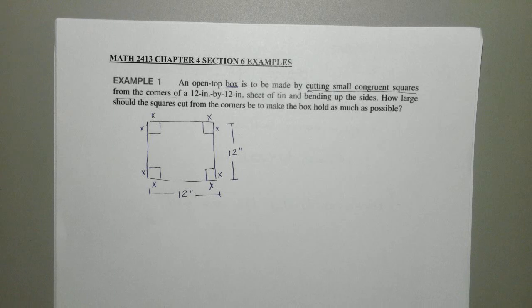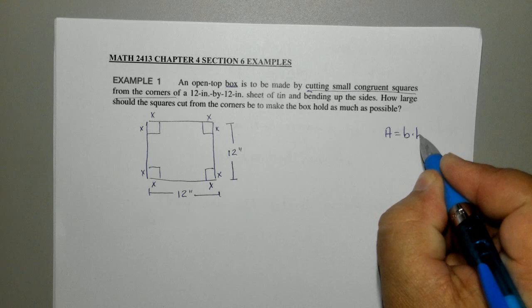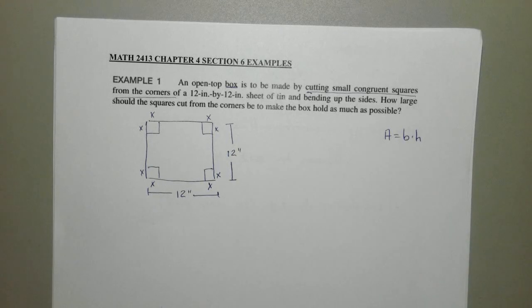What kind of equation do you use for a box of holding things? Inside a box. Area. What's the formula for area? Base times height. Wouldn't hold too much because when you pick it up, they fall off the sides.